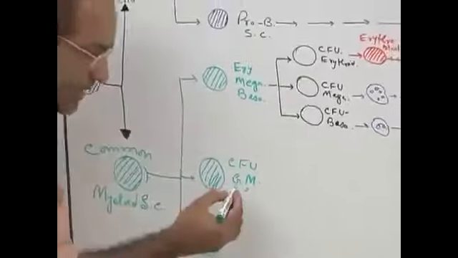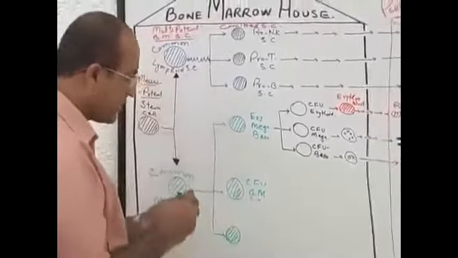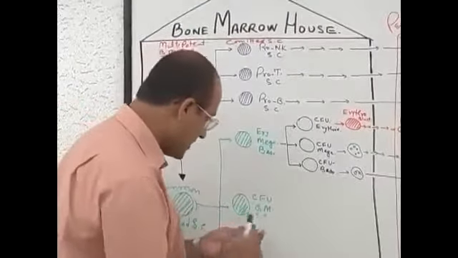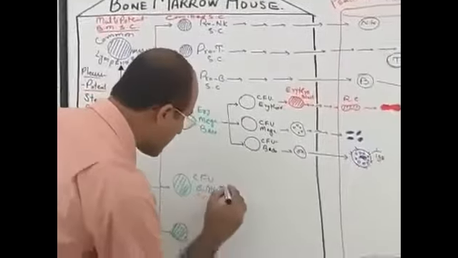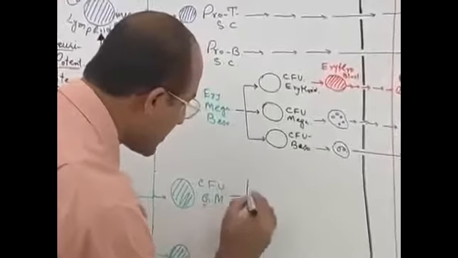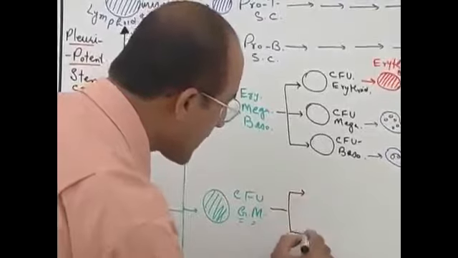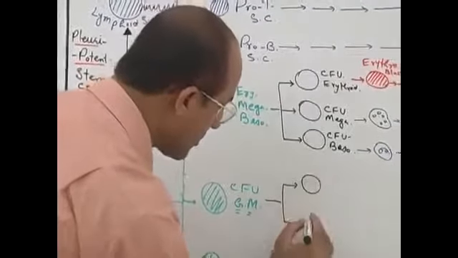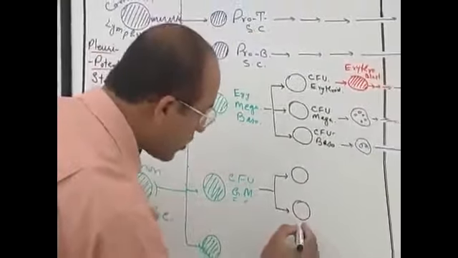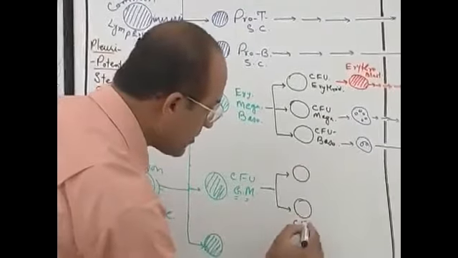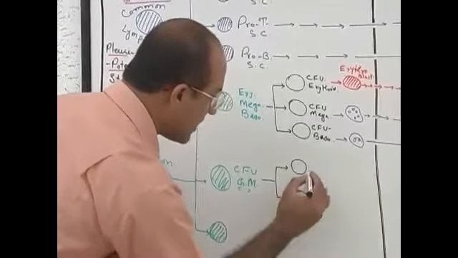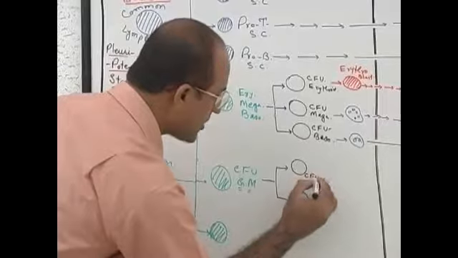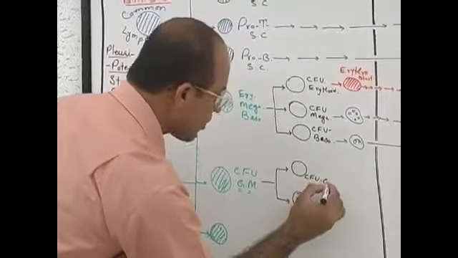It is for granulocyte and monocyte, right? So what really happens is it will divide into two types of morphologically recognizable precursor cell. One cell will go along colony forming unit of monocyte, the other is colony forming unit for granulocyte.